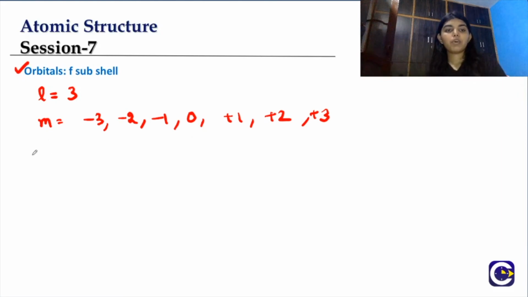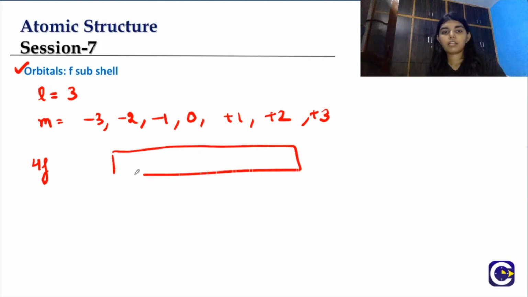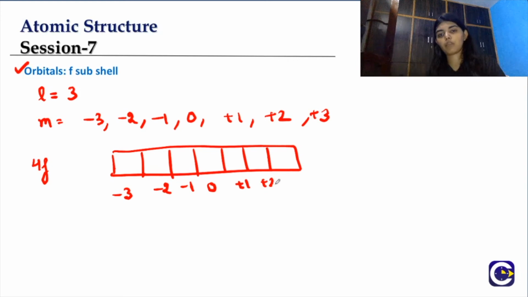So if you draw 4f, it will have 7 orbitals, 1, 2, 3, 4, 5, 6, 7, named minus 3, minus 2, minus 1, 0, plus 1, plus 2 and plus 3. Similarly for 5f and 6f also.